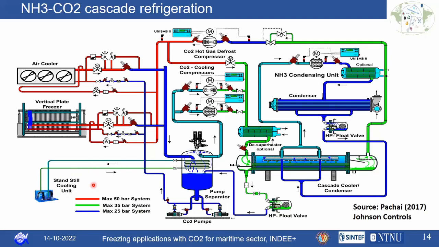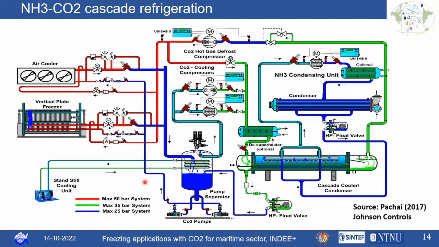This standstill cooling can be a small cooling unit of around 3 to 5 kilowatt. In some systems, they are going for a freon unit, but this can be replaced with a natural refrigerant like a small propane unit, so that the whole system remains with natural refrigerants.